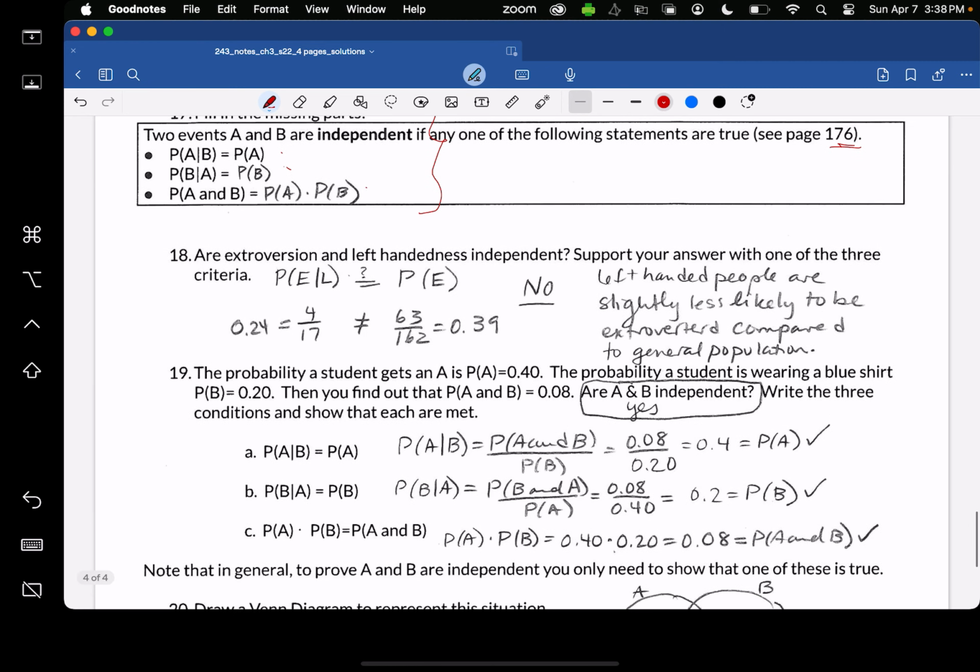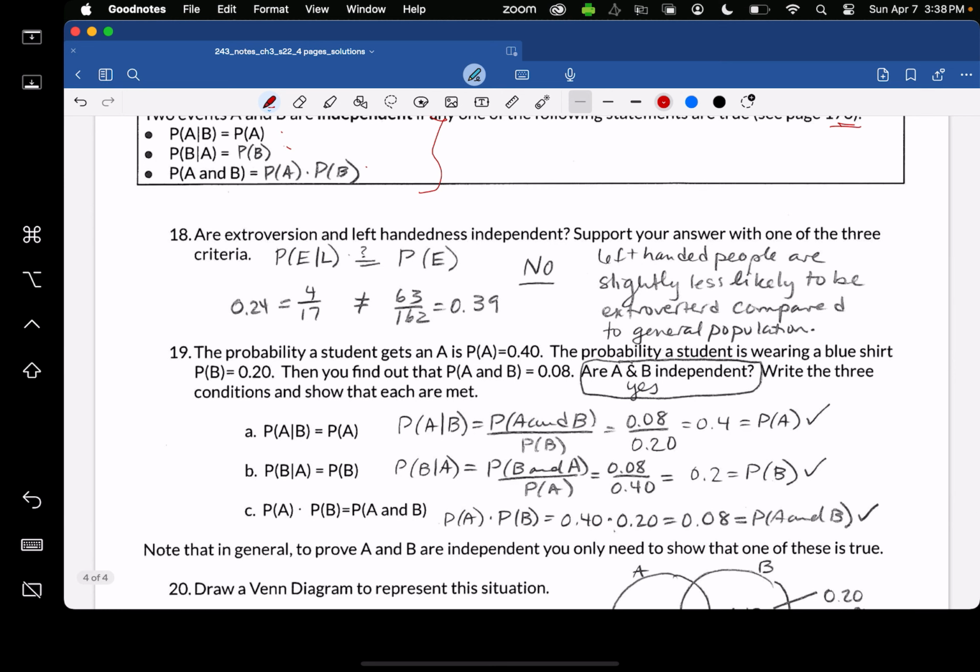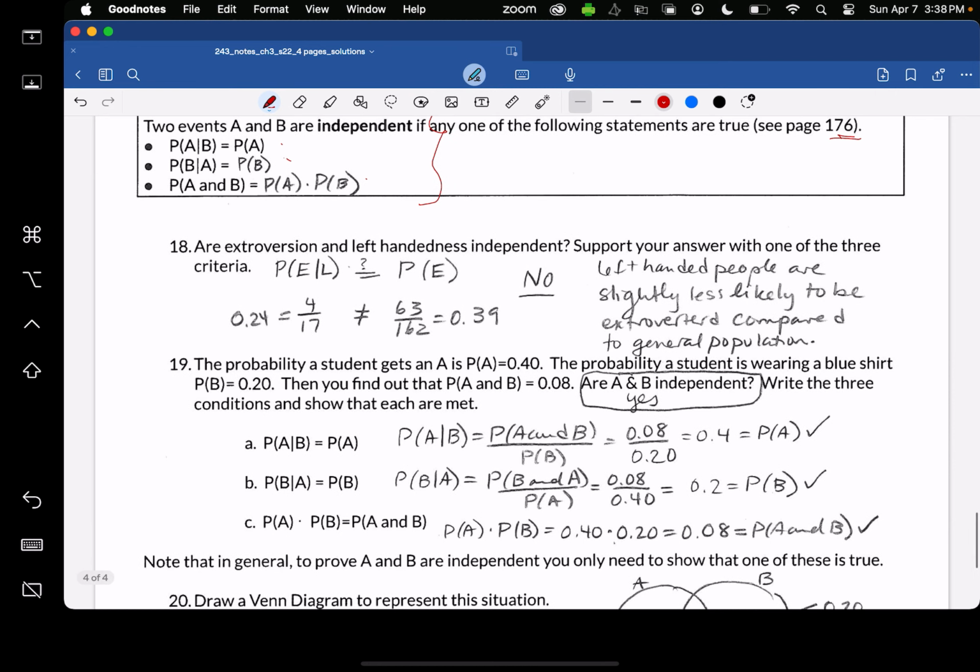Are extroversion and left-handedness independent? Support your answer with one of the three criteria. So I calculated the probability of being an extrovert given you are left-handed. It is 0.24.